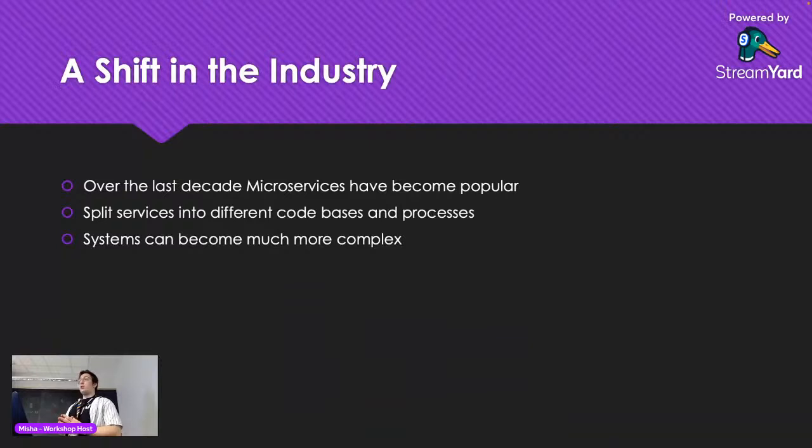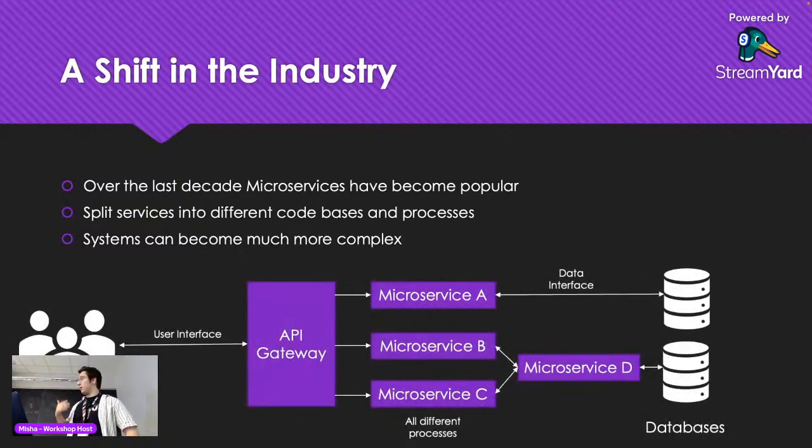So over the past decade or so, microservices have become much more popular. What a microservice architecture does is basically split the code into smaller code bases and different services, and in particular into multiple processes.